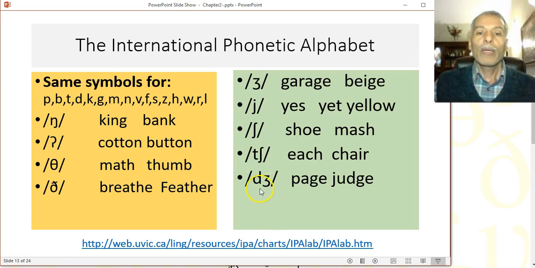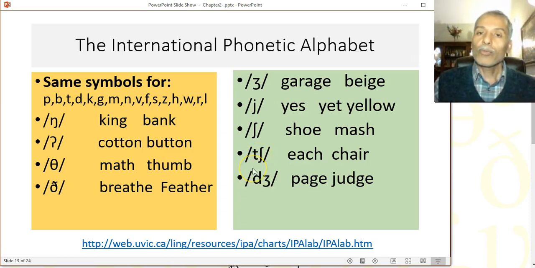And then the voiced form of the ch is the j. So if you think, t is voiceless, and then d is voiced, as in kid. And then sh, voiceless, and j is voiced. So t and d are cognates.